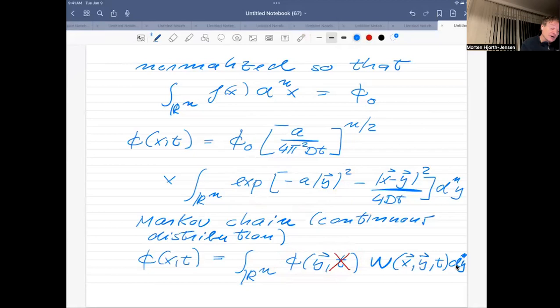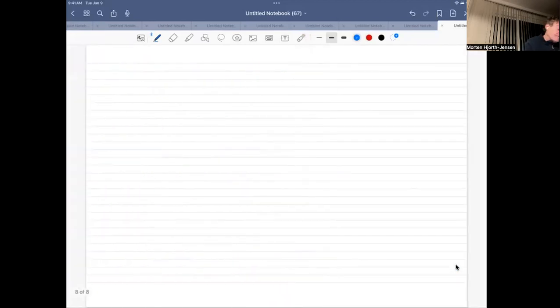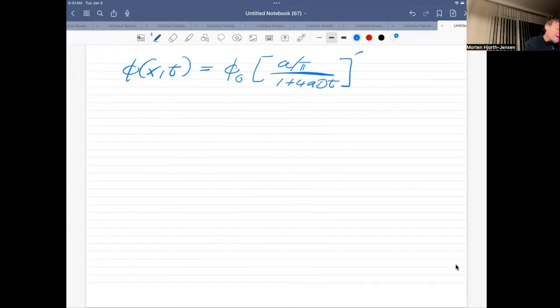The integration here gives us a phi of x of t, which is going to be a Gaussian, so it's going to contain this constant a divided by pi, divided by 1 plus 4a dt, to the power of n divided by 2, and multiplied with the exponential of minus a, which is just a constant, times x squared divided by 1 plus 4a dt.